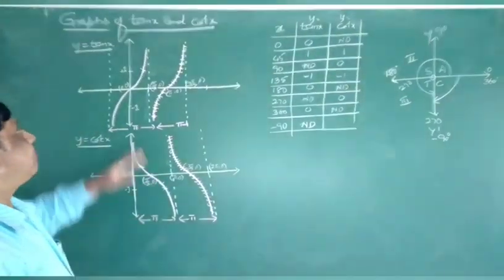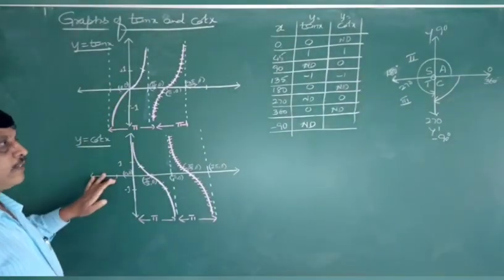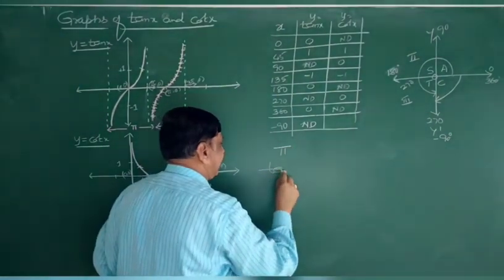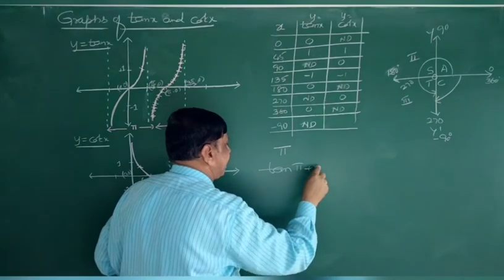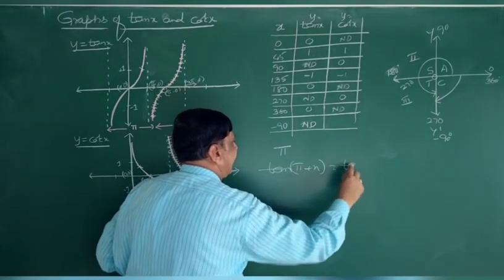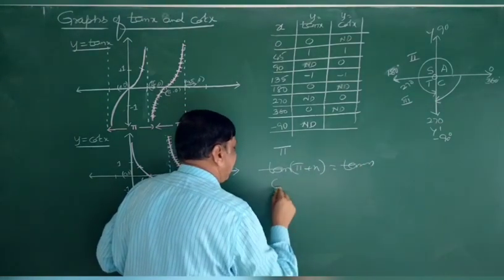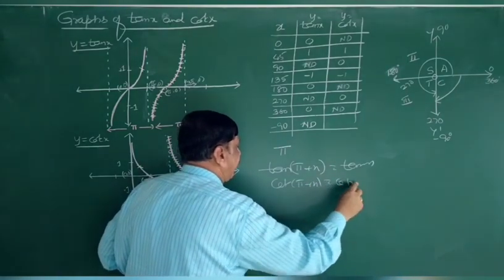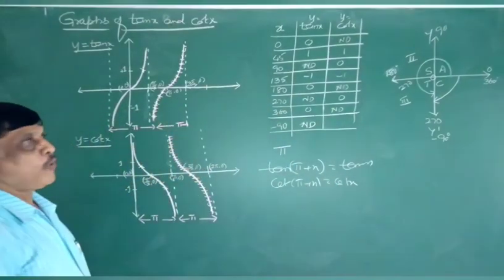Therefore, we say that both tan x and cot x are periodic functions with period pi. So that is tan(pi plus x) equals tan x and cot(pi plus x) equals cot x. Okay, I hope you got it.